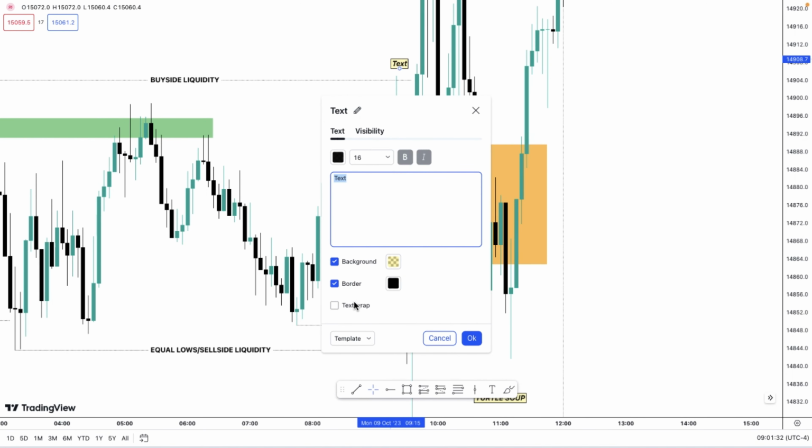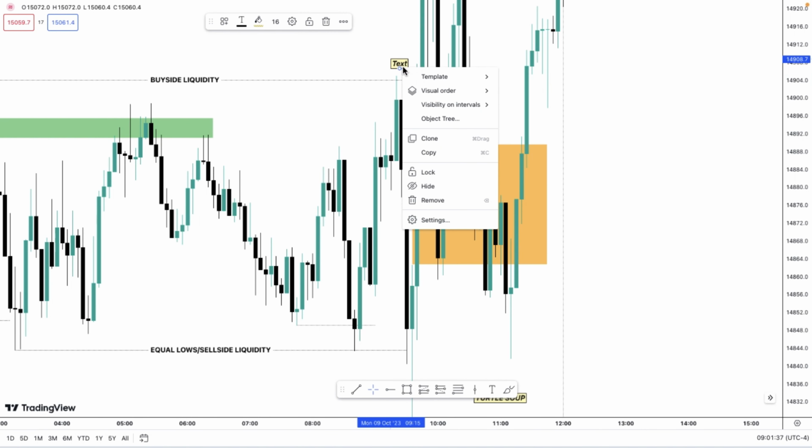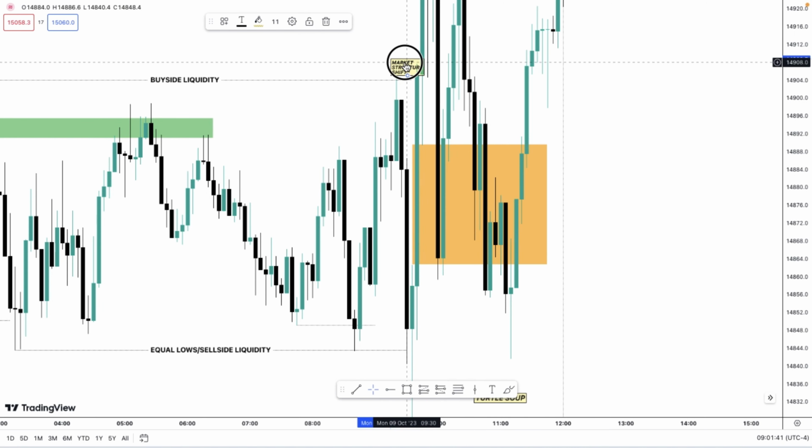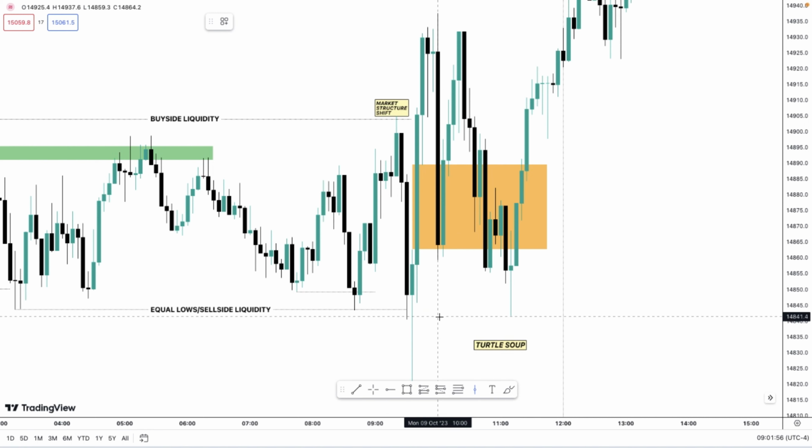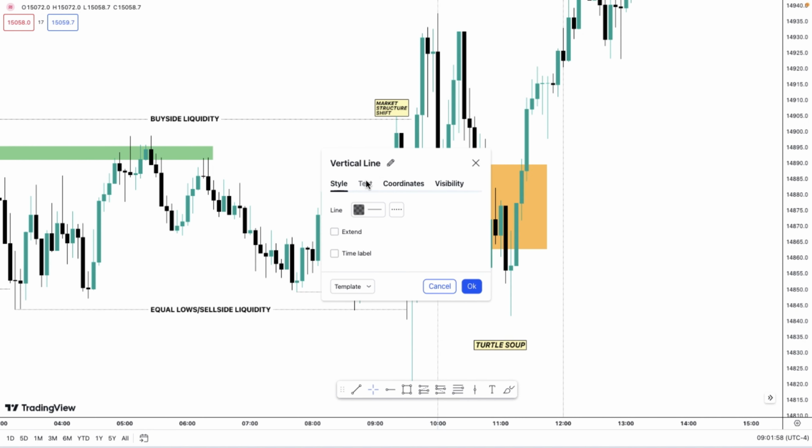So this is a bullish market structure shift when price trades above a swing high with displacement. What time is price trading to this fair value gap? 10 o'clock. Exactly when you anticipate it. 10 o'clock. The silver bullet.